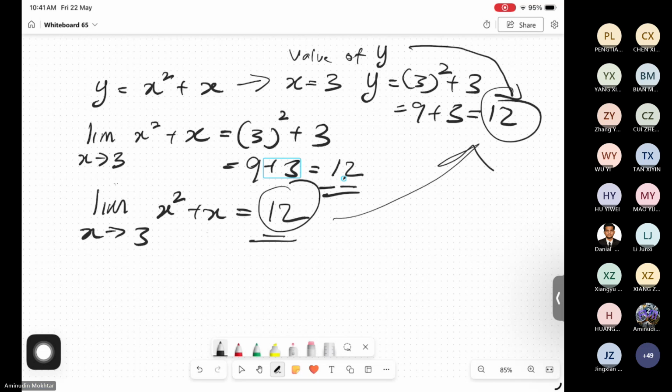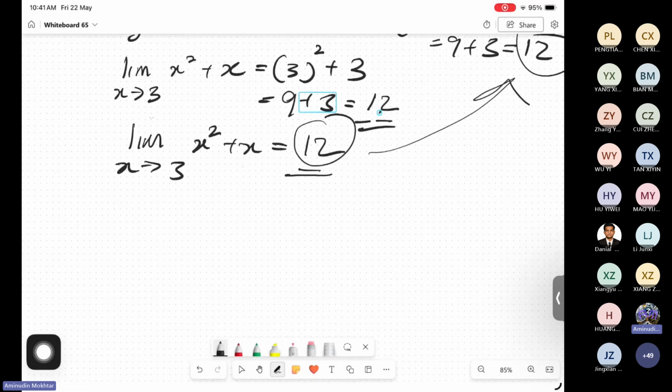But if we substitute this number and there is no answer for the limit, for example, let's say I have this limit: the limit of 1 over x when x approaches 0.